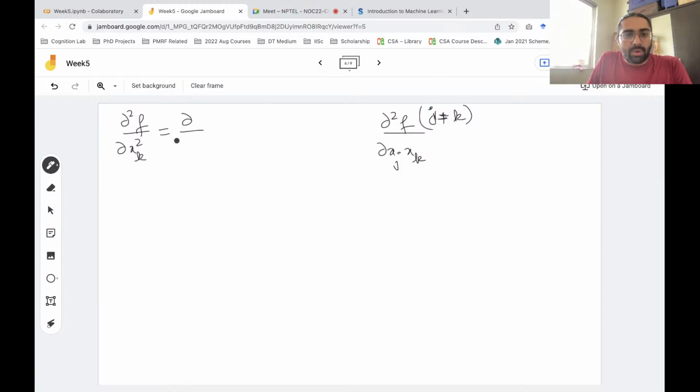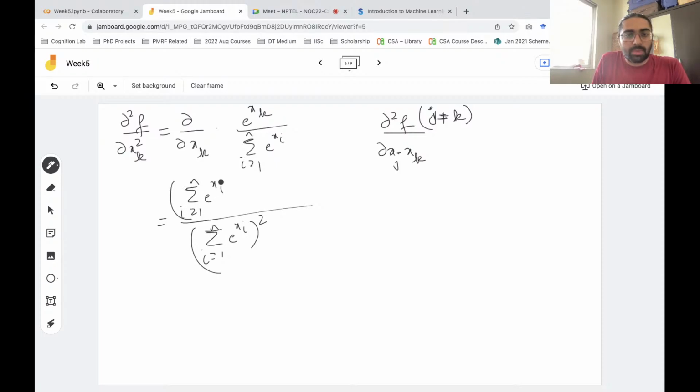Okay, so with that, this becomes your summation i equal to 1 to n of e^(xi), and you'll expand this, and you'll get some nasty looking equations, e^(xk) minus xk times, again the same thing, you take ∂/∂xk of this equation, so you get e^(xk) again, right?